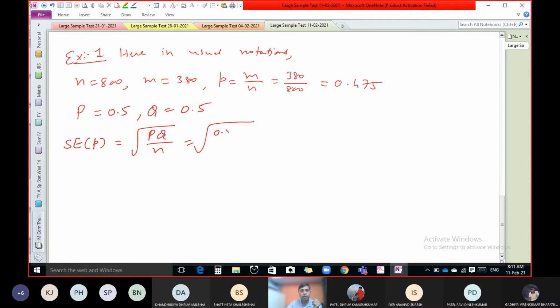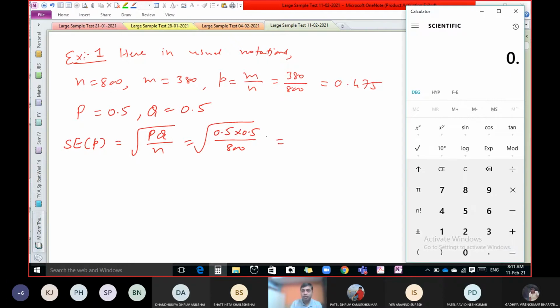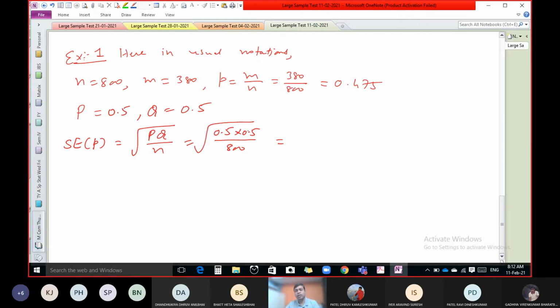So 0.5 into 0.5 divided by 800. Let us calculate 0.5 into 0.5 divided by 800, and let us take its square root. So we get 0.0177. So this is the standard error of small p.